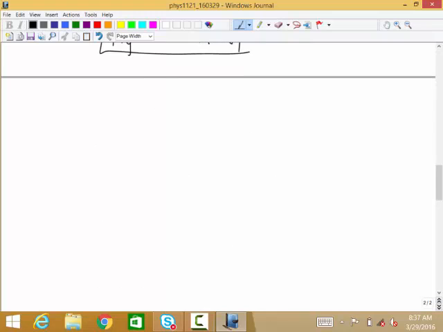Okay, here's another problem. That was the impulse momentum equation. This next one has to do with conservation of momentum.